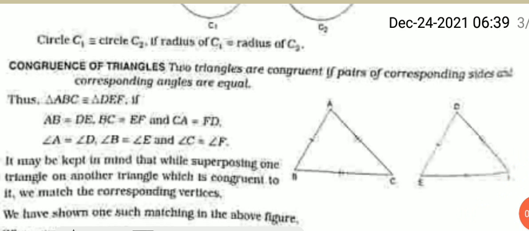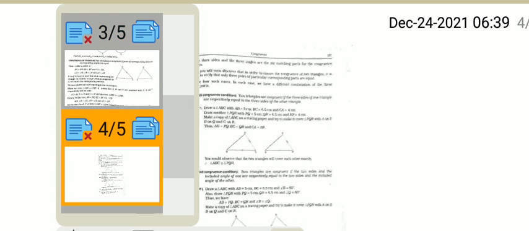Okay students, now the main thing we learn today: there are 4 such cases. In each case we have a different combination of the 3 matching pairs.